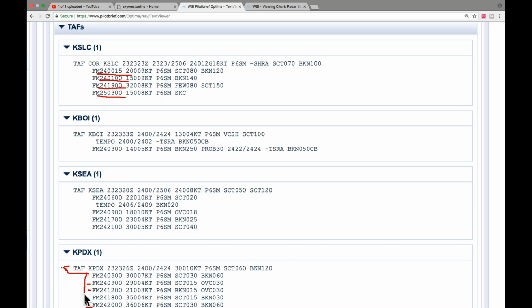What is written in these TAFs is just when they expect a significant change in weather. So when the forecast changes, this is when they're expecting things to change. Okay.